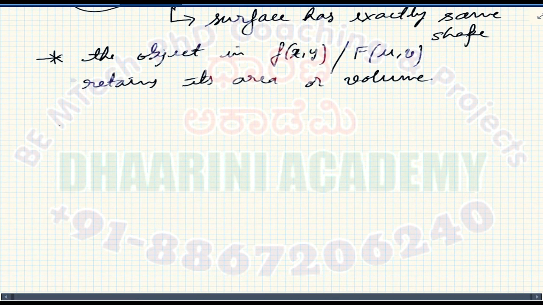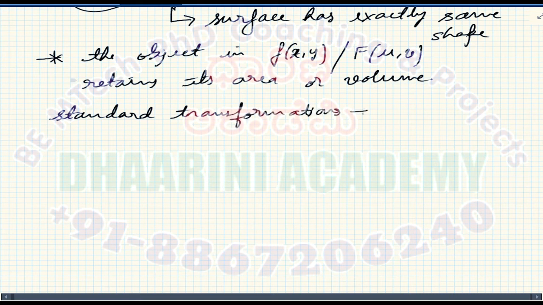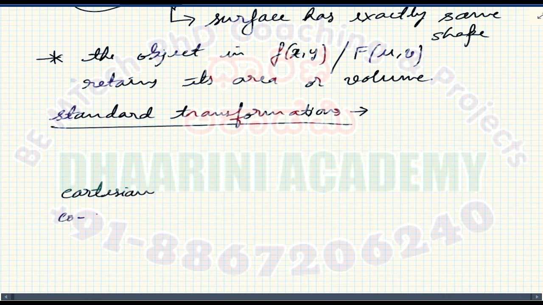I will write the standard transformations. The standard transformations which we are going to learn are, on one side, the x comma y values, which are called the Cartesian coordinates.